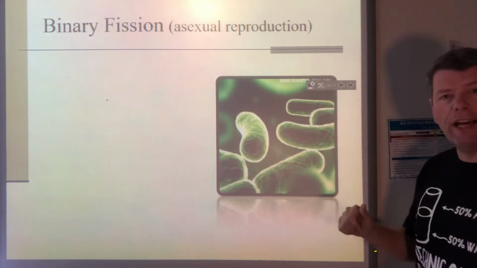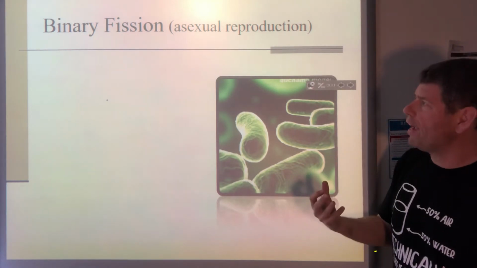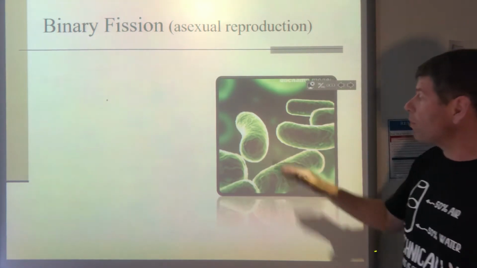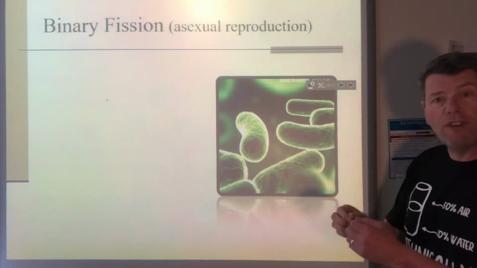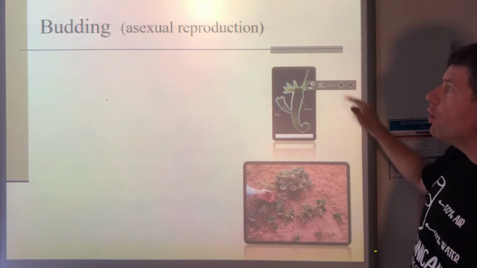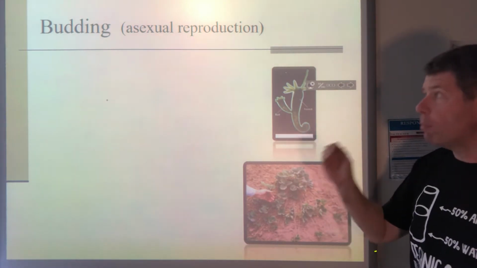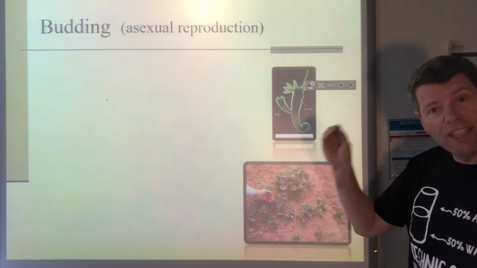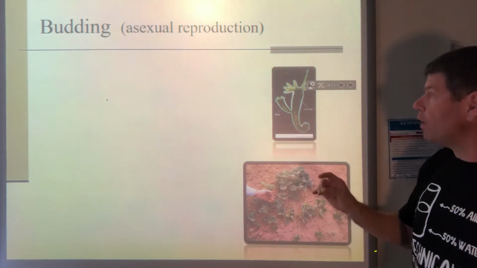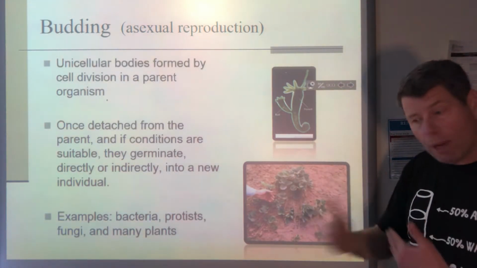Now, very quickly, you've heard these terms from even middle school science somewhat. Let's go through this very quickly. Binary fission is when we might have a bacterium that's able to divide into two. That's called binary fission. Or budding, where a parent has a growth called a bud that is essentially genetically identical to the parent, and it will grow until it eventually is able to liberate itself or separate from the parent.